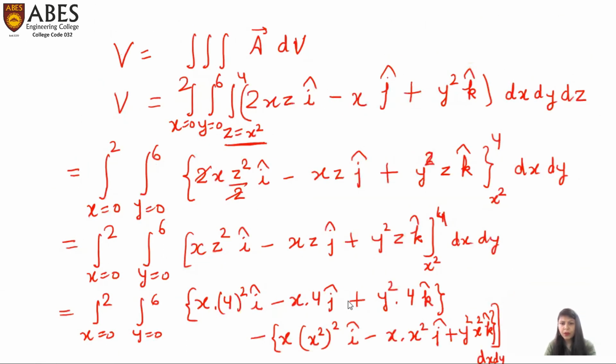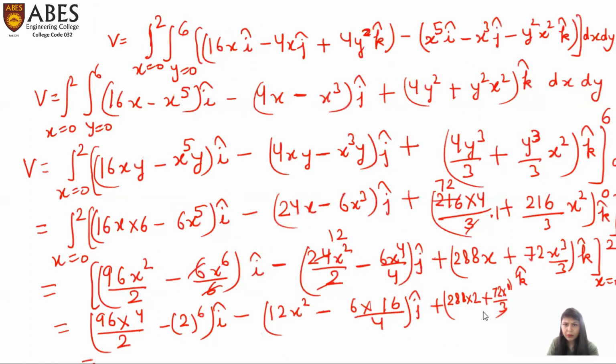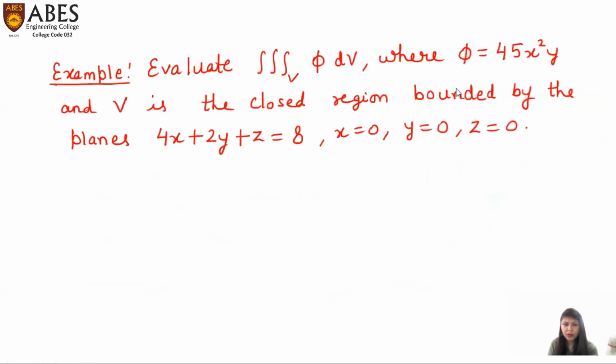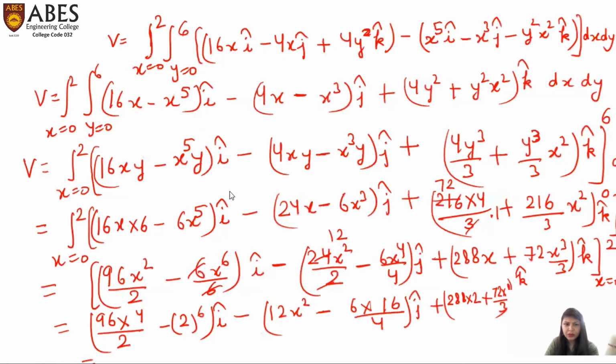This is 4y square and this is minus x square y square. So this place has also been changed. The sign has changed, so the sign will come out to be minus. Okay.